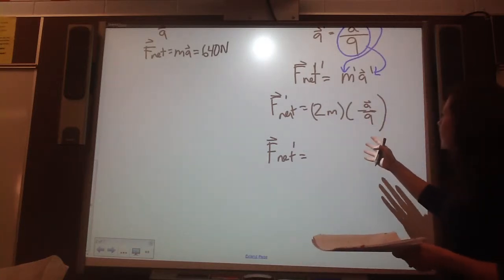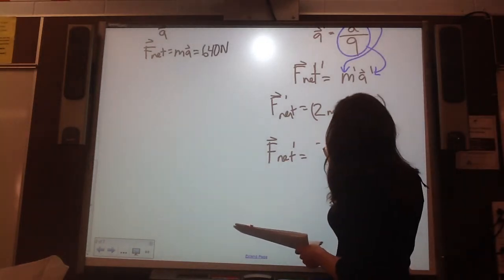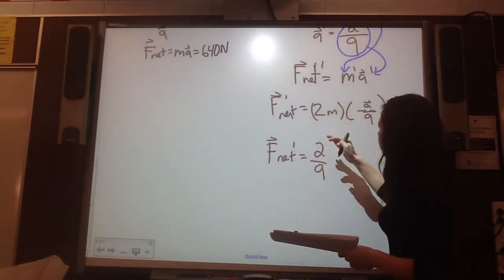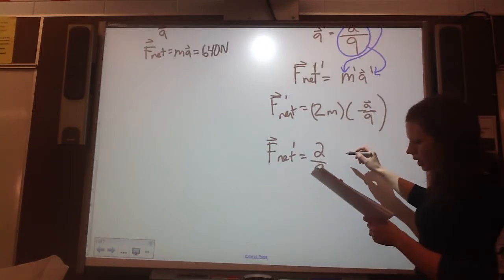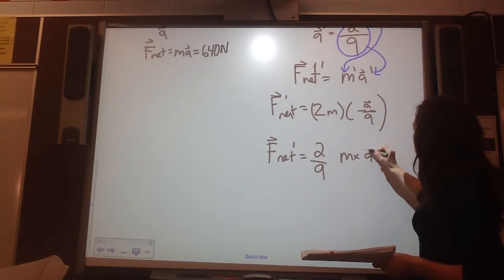Now I can simplify this and I divide out the 2 and the 9 here. So I'm going to go 2 over 9, and I can go m times a.